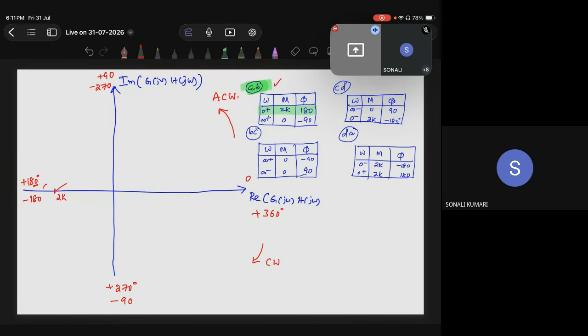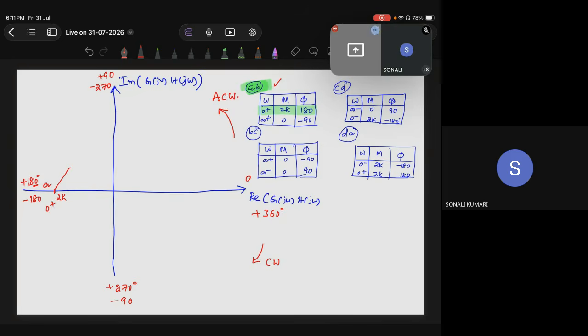This will be my A point, A at 0 plus. That will start with a magnitude of 2K, from 180. Any doubts?